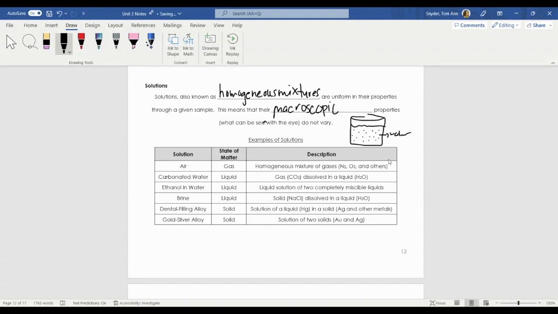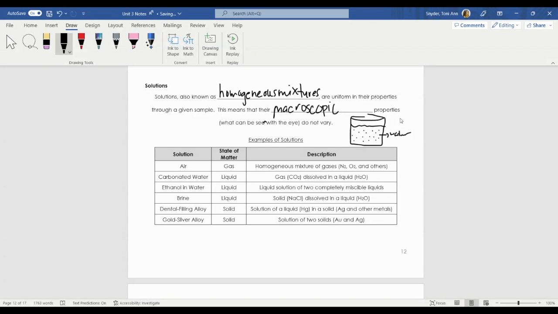I wouldn't be able to see the different particles. I can't differentiate the solute particles, the salt or the sugar or whatever, from the solvent particles. That's what we mean when it's uniform in composition or uniform in its properties.